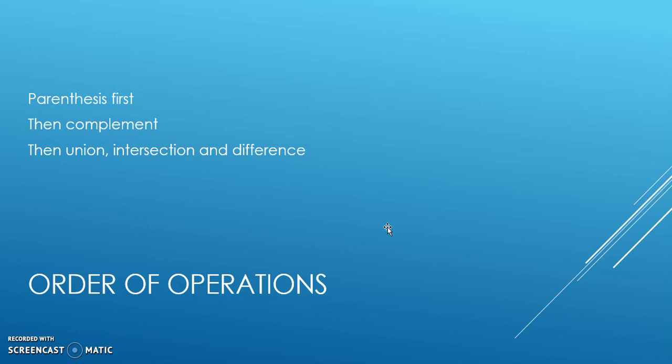Then you're going to do a complement. After you take care of all the parentheses, after you take care of all the complements, then any remaining unions, intersections, or differences are done in a left to right order. Just like addition and subtraction is done in a left to right order. Well, that's it for the little video on operations.